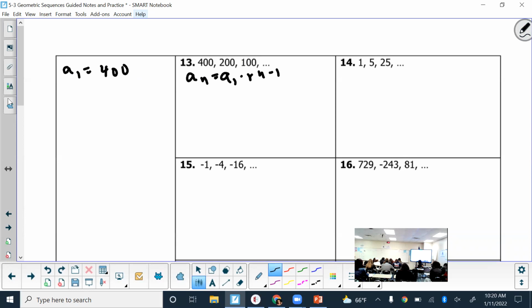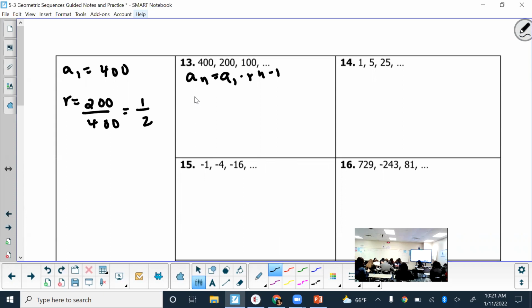And I need to identify R, which you find from taking one of your terms, like 200, and dividing it by your previous term, like 400. What do we get when we divide that out? 200 by 400 is 1/2 or 0.5. Both of those are acceptable because the decimal does end. All right, but I'll show you as a fraction.